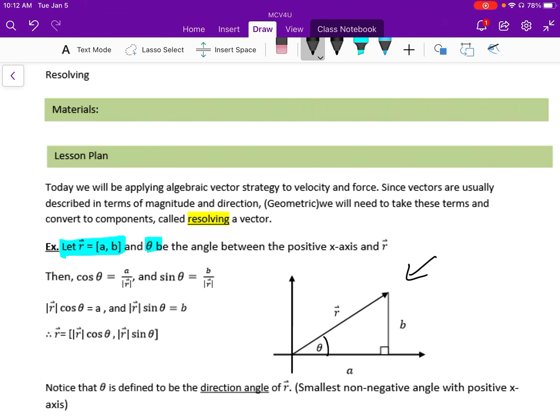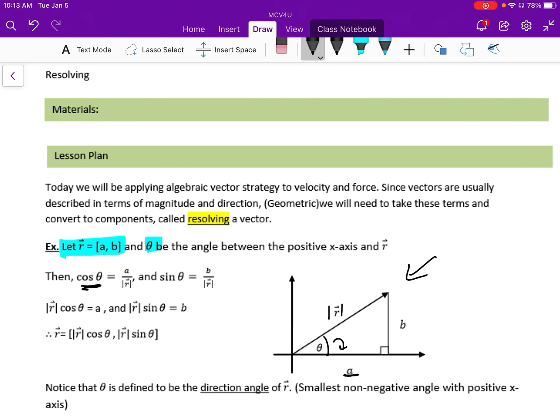If the magnitude of r is the length of the hypotenuse, then the A component, the length of the side adjacent to the angle, gives us cos theta equals A divided by the magnitude of r.